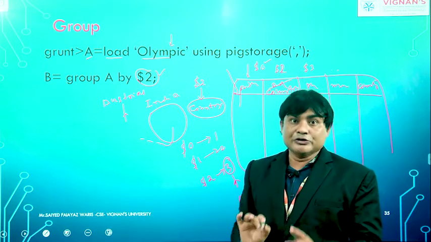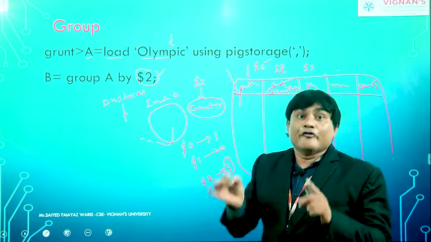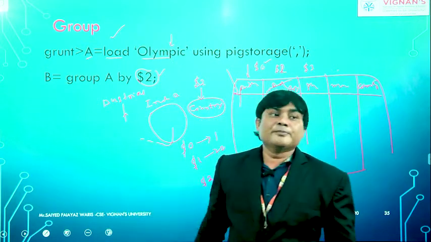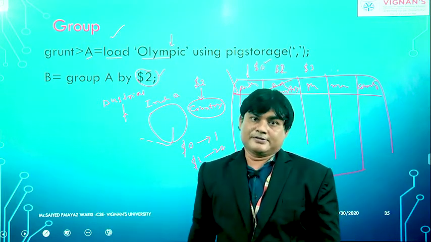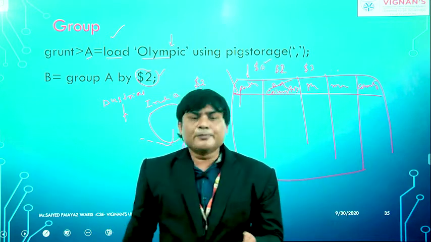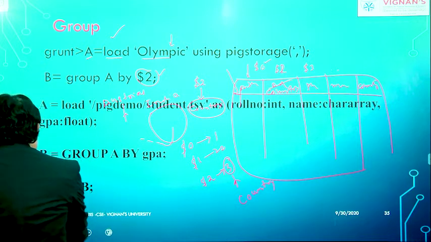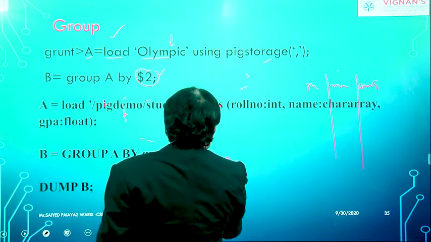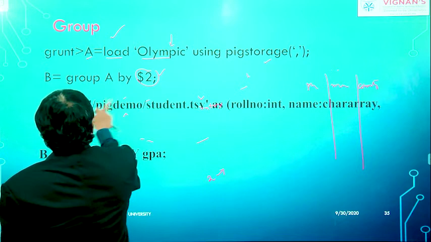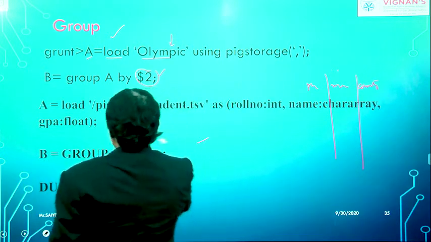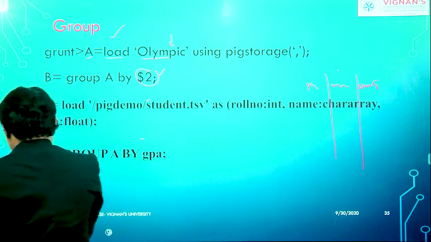In such a scenario, we have to use the group operators. You will see some examples of group operators now. What does this statement say? Read these statements, just check it out.